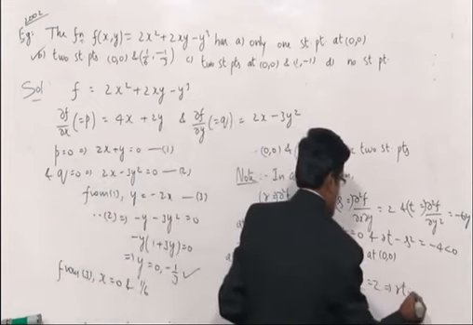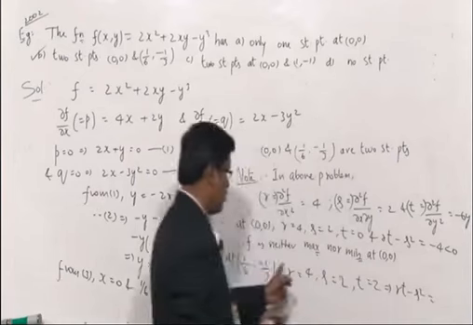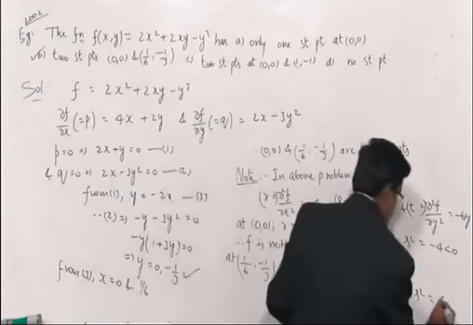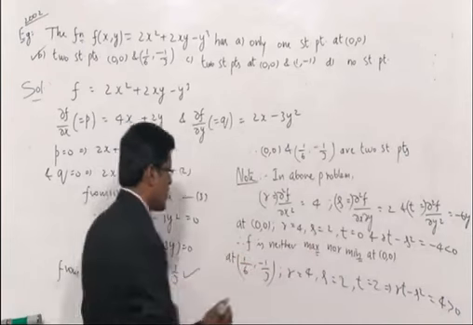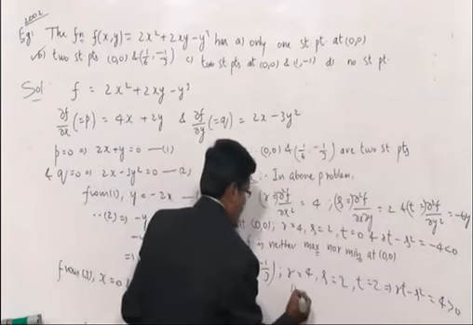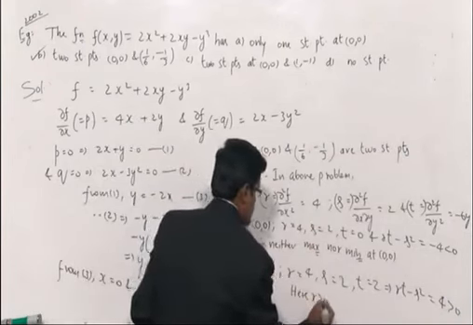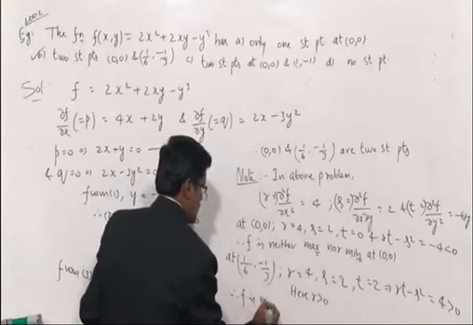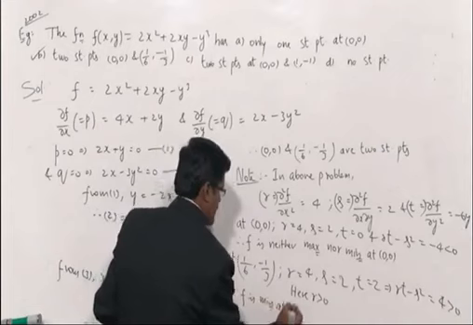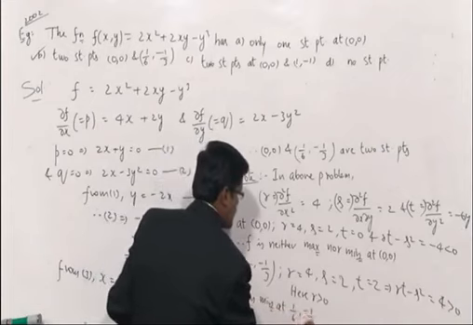RT minus S square, how much? 4 into 2, 8 minus 2 square, 4, greater than 0. Whenever RT minus S square is greater than 0, there are two cases for R. Here, R is greater than 0. Therefore, F is minimum at 1 by 6 comma minus 1 by 3.